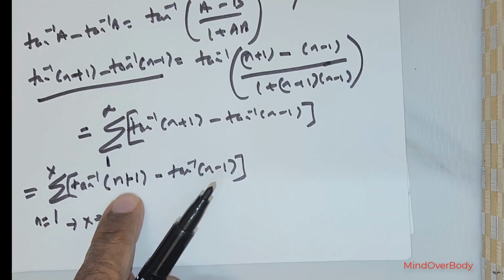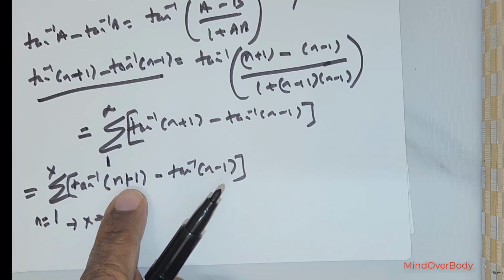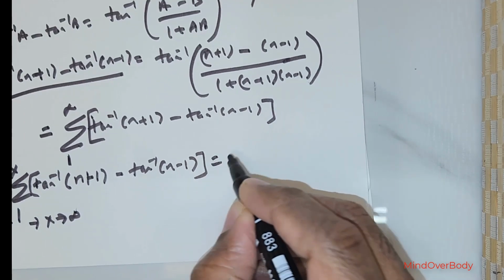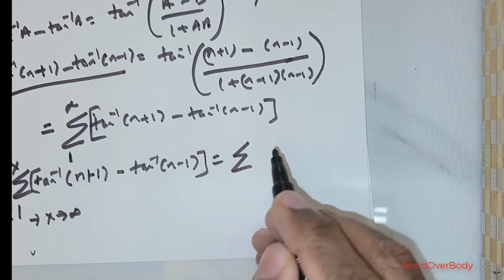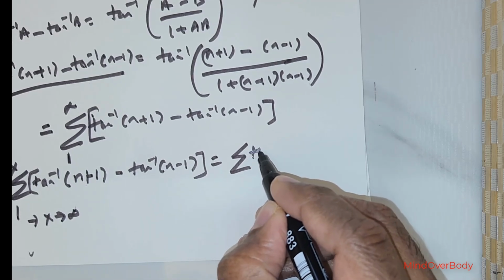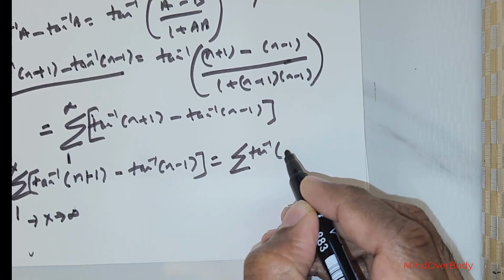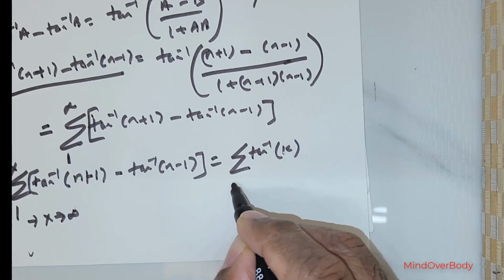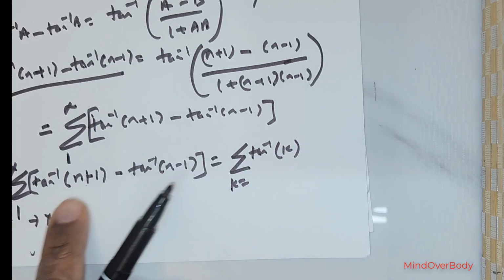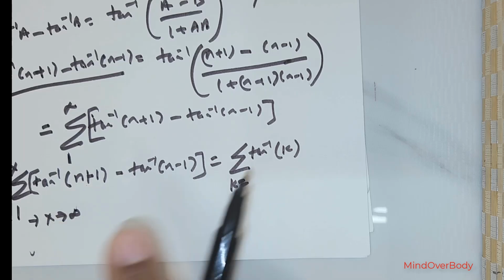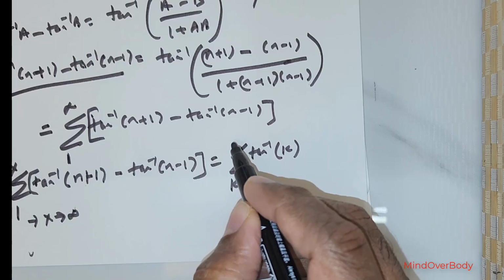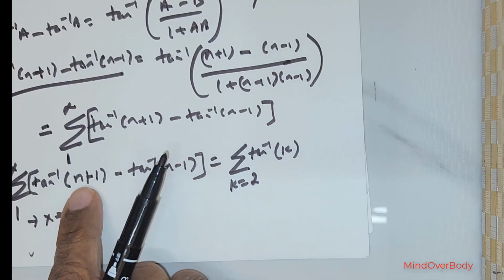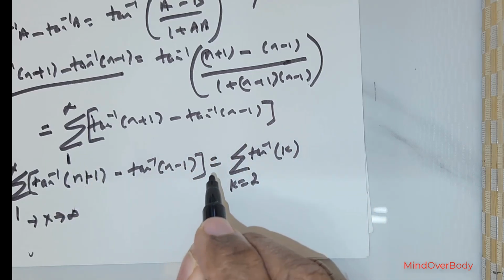You see that this is actually having n positive 1, so I'm going to rewrite this, because when n is equal to 1 you're getting 2, so I'm going to use tan inverse of some k. When n is equal to 1, our starting value is 2 here, so k will be running from 2 all the way to n positive 1, right?